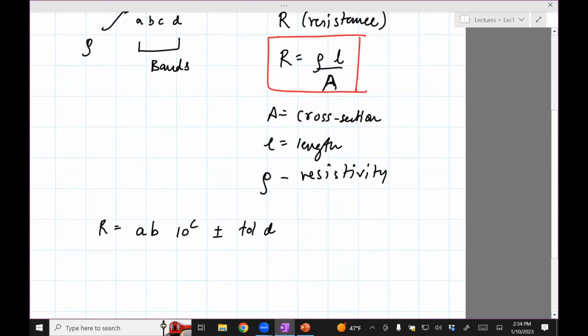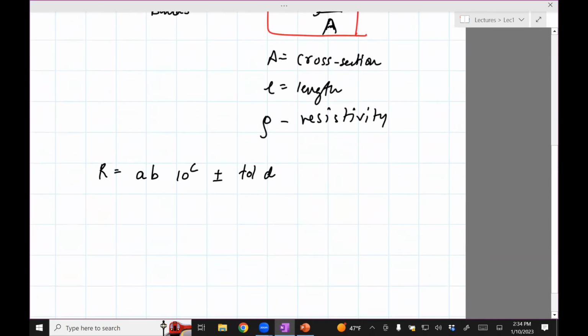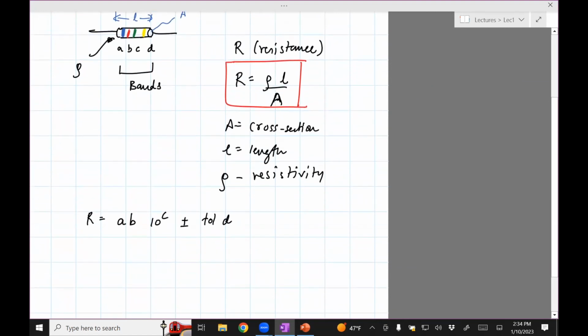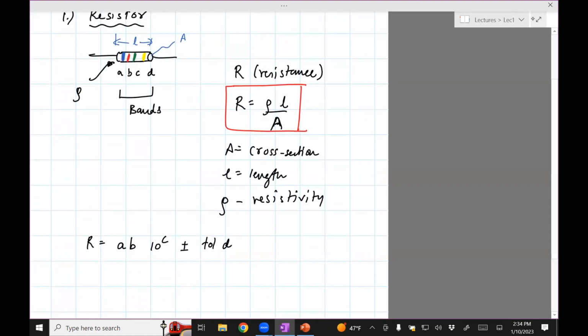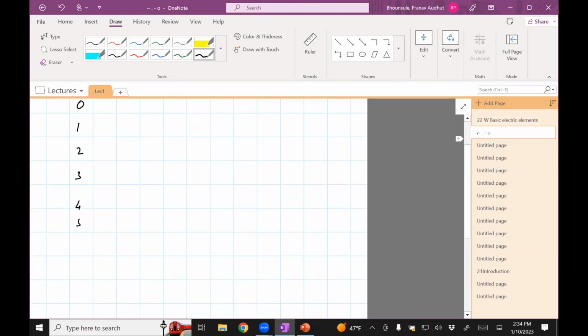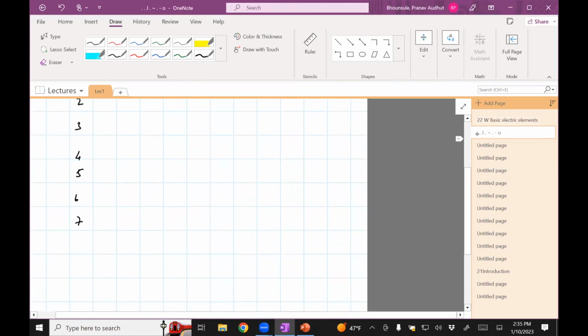Okay, so I'll give you an example of what this means. Each of these colors signifies a particular value, and those values are 0, 1, 2, 3, 4, 5, 6, 7.